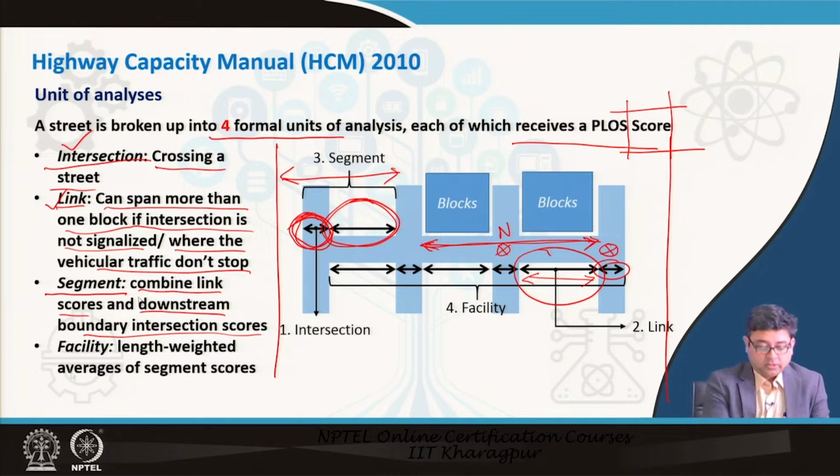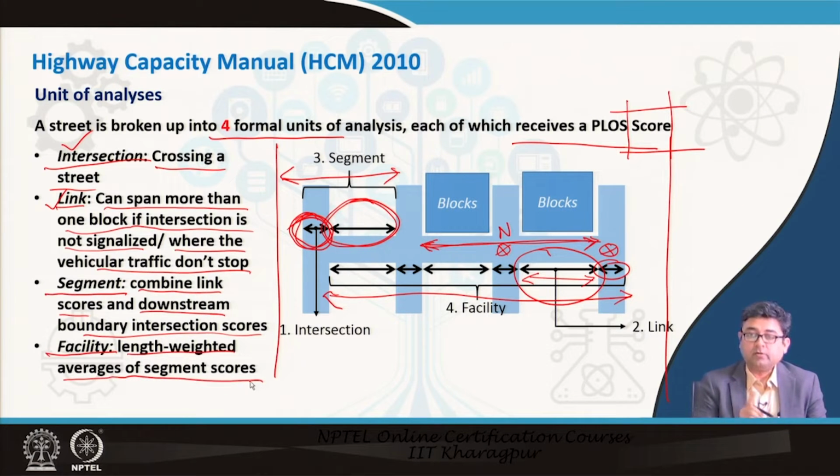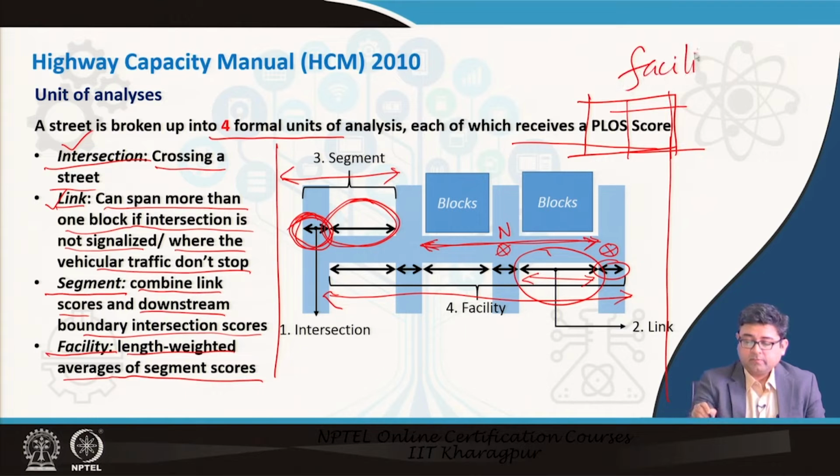And then the final unit of analysis is the facility itself. When we talk about the facility, we talk about the entire stretch now, the length weighted averages of the segment scores. So, when we are developing a pedestrian level of service PLOS score for a facility, we are doing a summation of the length weighted averages of the segment scores.